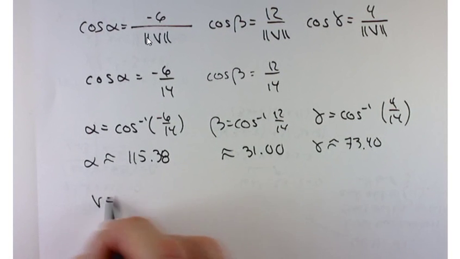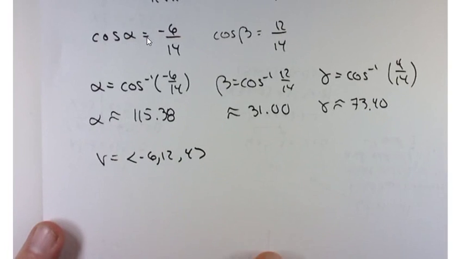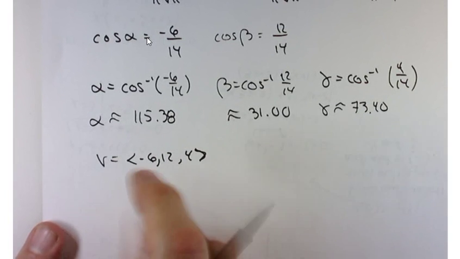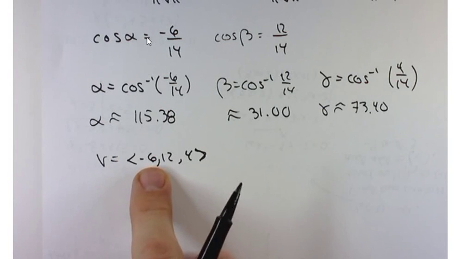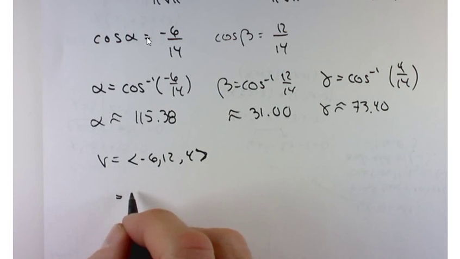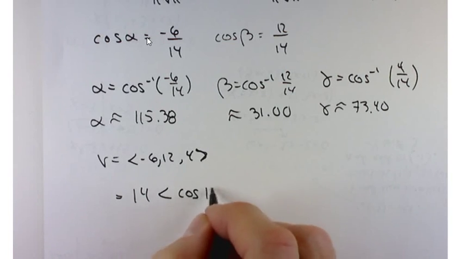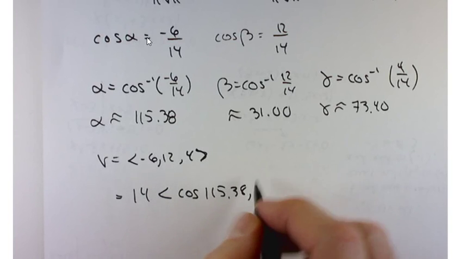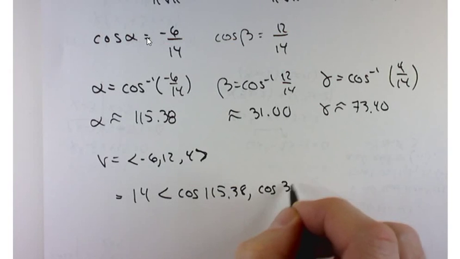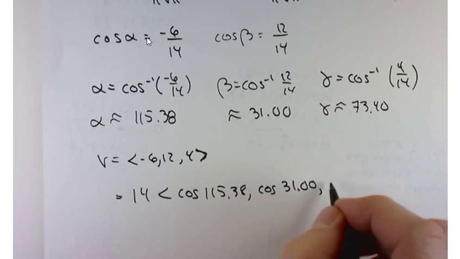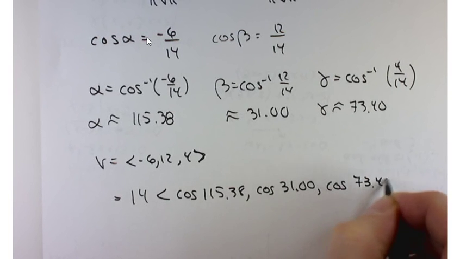Overall, you can write vector v as negative 6, 12, and 4. But if you're looking to know what angle each of these makes with the respective axes, you could also write this as 14 times the cosine of 115.38, then the cosine of 31.00, and finally the cosine of 73.40.